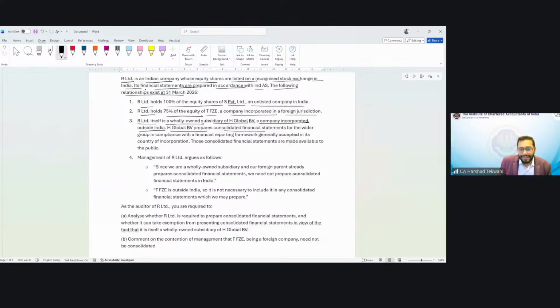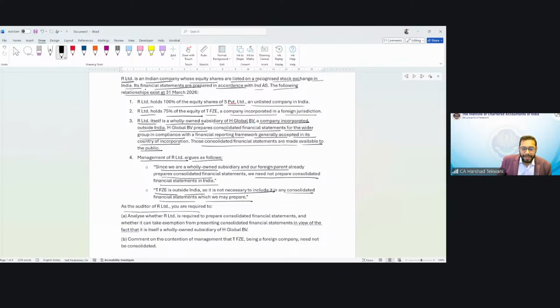H Global BV prepares CFS for the wider group in compliance with the financial reporting framework generally acceptable in the country of incorporation. Those CFS are made available to the public. Management of R Limited argues that since we are a wholly owned subsidiary and our foreign parent already prepares the CFS, we need not prepare CFS in India. TFZE is outside India, so it is not necessary to include it in any consolidated financial statements which we may prepare.